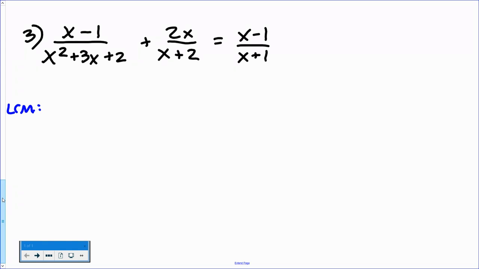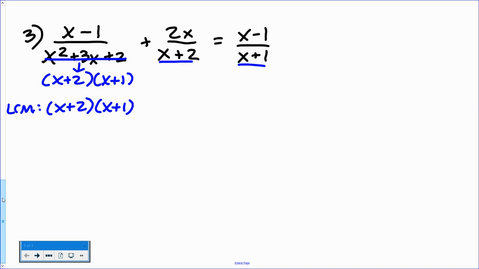So if I factor this into (x + 2)(x + 1), I don't want that form. I want the factored form. I can't factor or simplify those in any way. So when I'm looking at that least common multiple or common denominator, it would be x + 2 and x + 1. So that's what I got in that first denominator, and that covers this and this.